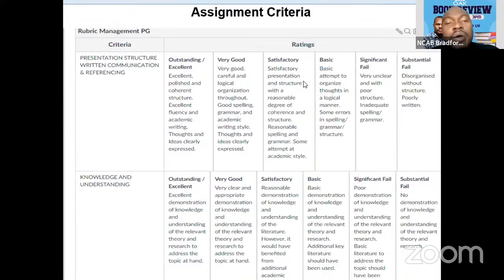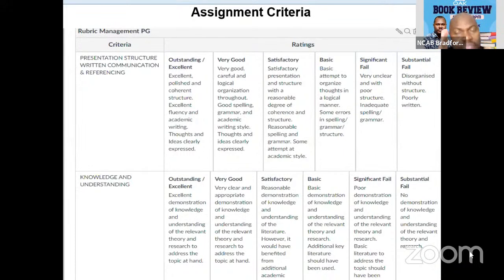If you want to score maybe 60%, which is a merit, you should be looking at very good. If you just want to score 50%, you should be looking at satisfactory. If you want to score 40%, you should be looking at basic. Then 39% down to 0, you should be looking at significant fail and substantial fail.